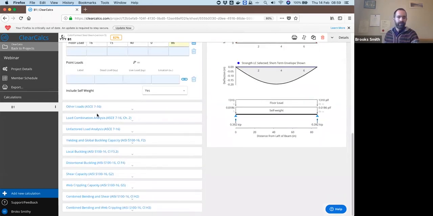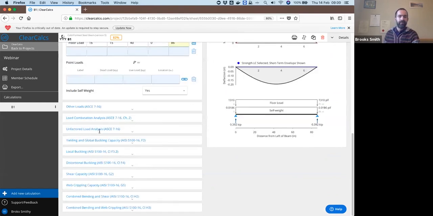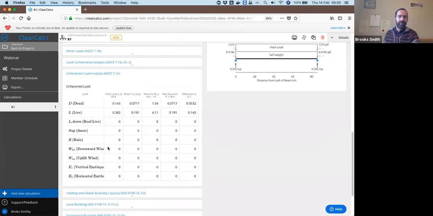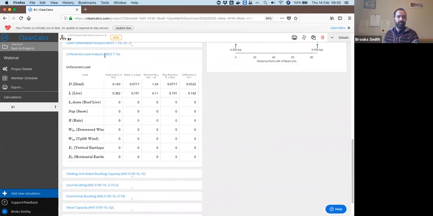All the calculations are done below here with all of our load combination analysis, checking every possible load combination listed in AISI S100 in this case. Unfactored loads, we only have dead and live loads, so everything else is 0 in here.